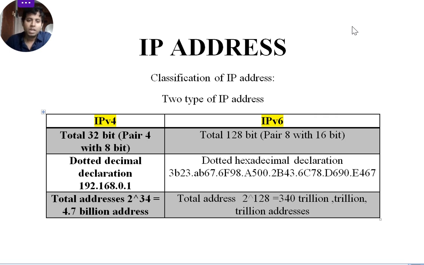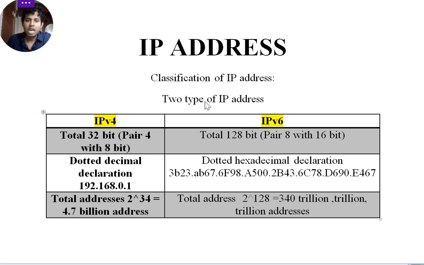Okay, so if you just see my screen, you will be able to see a few differences or a few major properties of IP version 4 and IP version 6. So basically, nowadays we are using IP version 4.